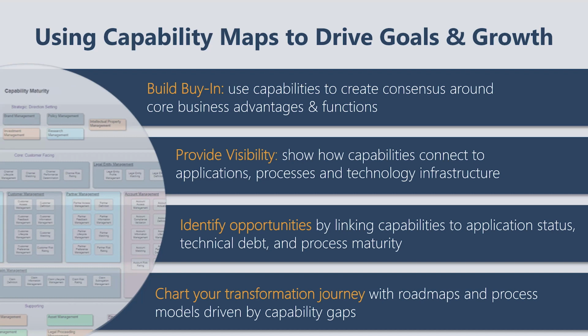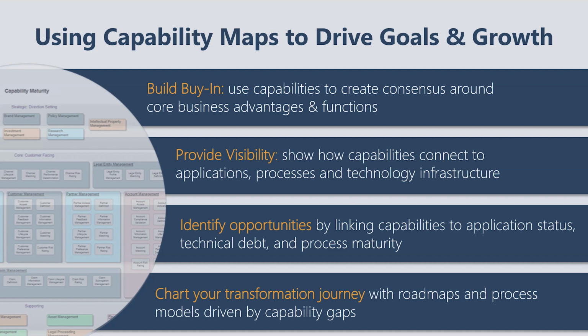That's, of course, clearly driven by the market demand for EAs. But really what we want to do is focus on using these capability maps to leverage and drive some of the goals and growths within an organization. And one of the first things that are going to be useful when we think of capability maps is essentially to build buy-in. So we're trying to understand what are the typical core business advantages and functions within an organization and how those capabilities are supporting those different areas.